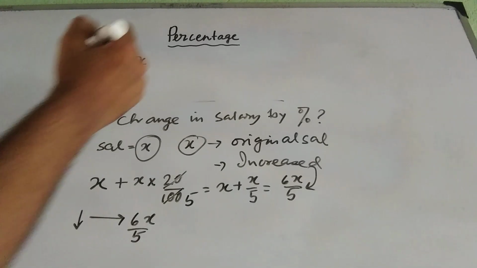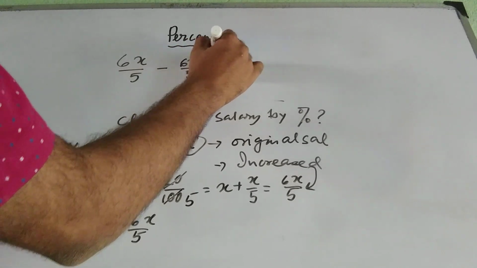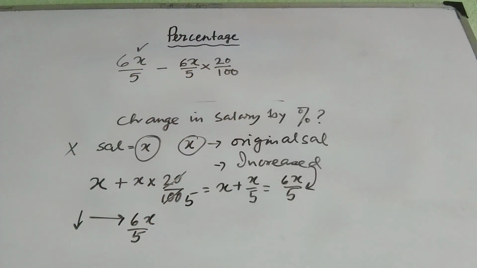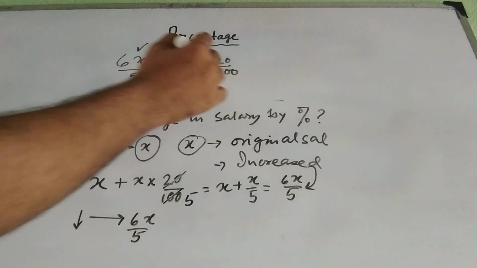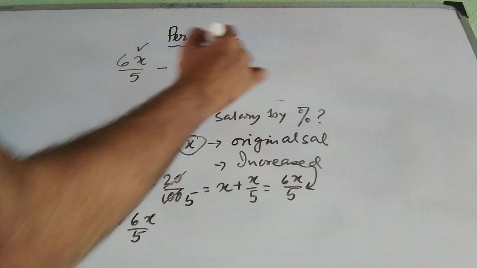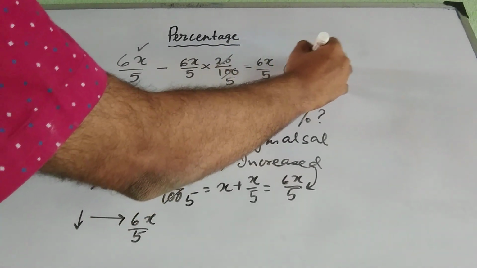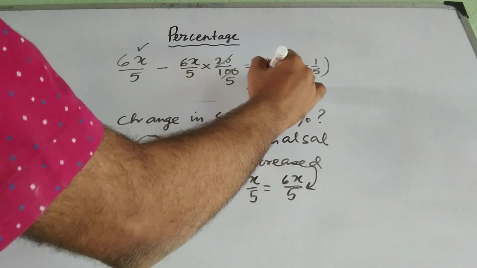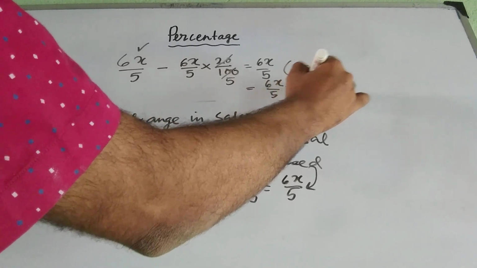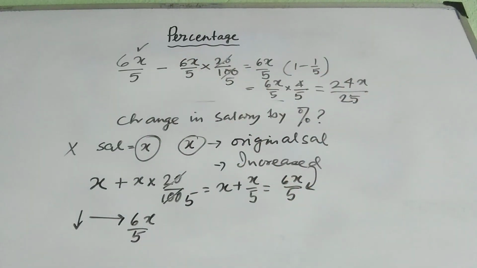Decrement means there is a decrease, so we have to subtract 20% of 6X by 5 from 6X by 5. On top of that base, the 20% decrement is simply 1 by 5. If we take 6X by 5 common, then it is 1 minus 1 by 5, that is 6X by 5 into 4 by 5, that is 24X by 25, the decreased salary.